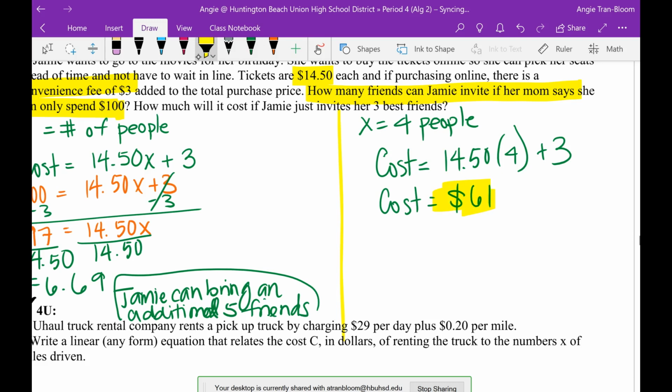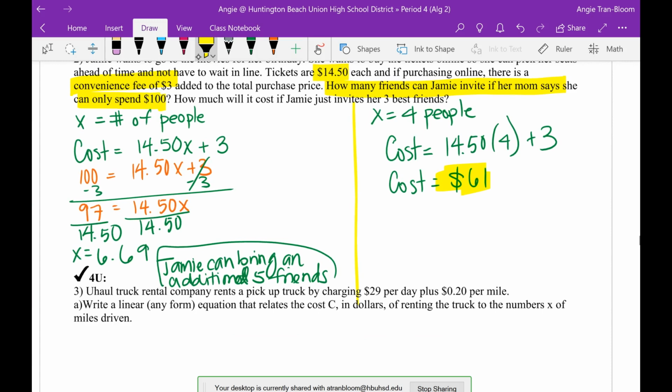So the total cost for she and her three friends is $61. Okay. Questions at all on this one? Notice how we solve each question in a different way. Am I going too fast?